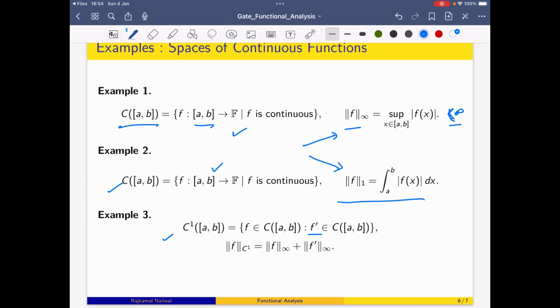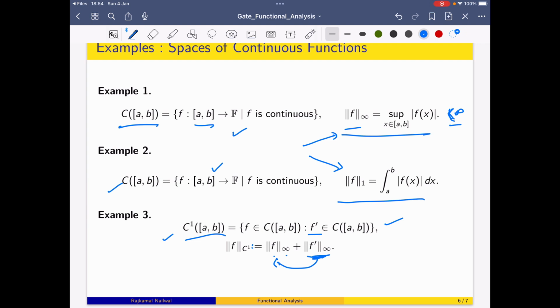And here you can check that this is a vector space, and now you define a norm on this space, which is nothing but the infinity norm of f, and because its derivative is also a continuous function, you can again define a supremum norm of its derivative, and if you add these two, then this is also a norm on C1[a,b]. So C1[a,b] is also a norm linear space.